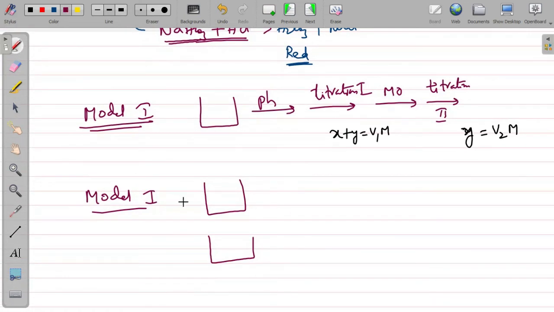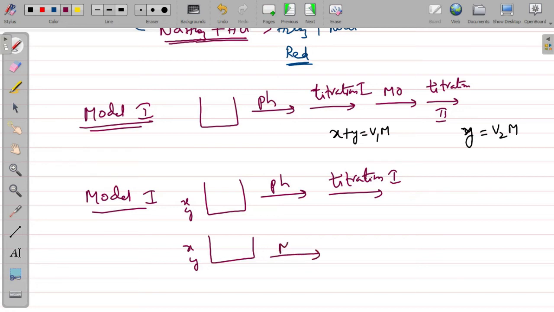So here also X and Y are there, NaOH and Na2CO3, and the second beaker also has X and Y. First you add phenolphthalein and conduct titration 1. Then you take the second beaker, add methyl orange into it and conduct titration 2. So it is double titration only, but conducted in a different manner.